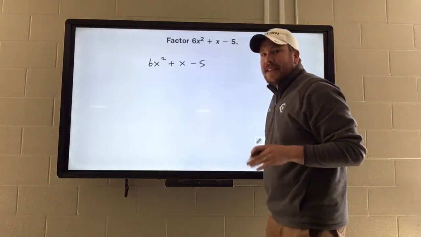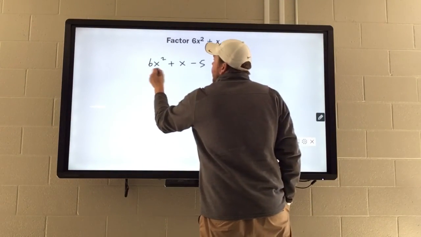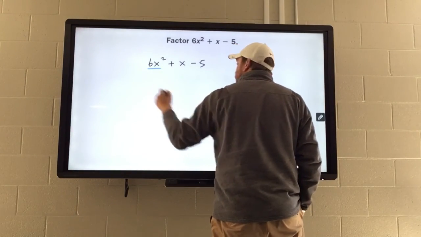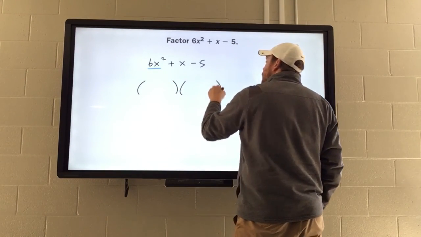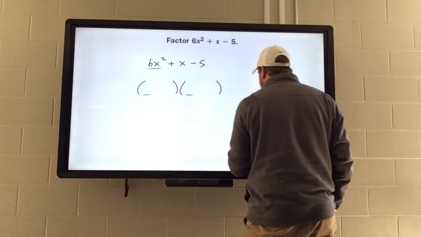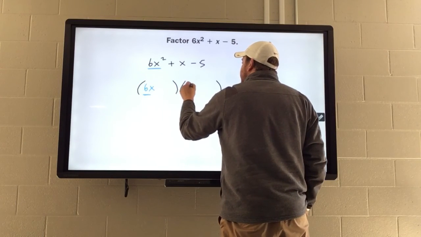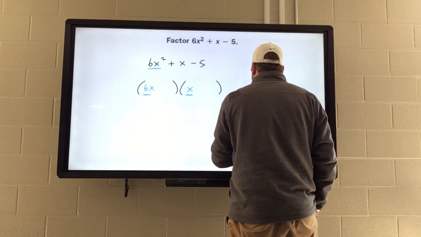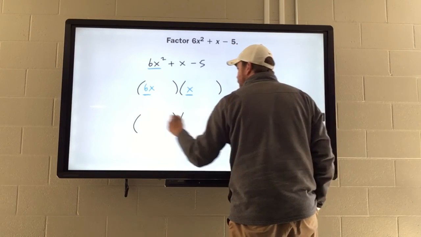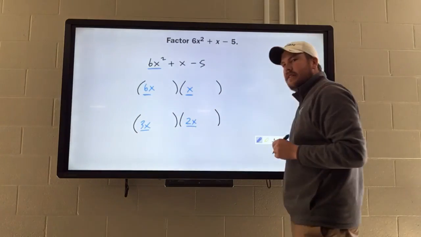And this honestly isn't even that bad of one. But let me show you. So again, we take that first number, and when we put that into our parentheses, that first number is created by multiplying the first numbers together. And here's the thing, I can do 6x times x, or I could do 3x times 2x.